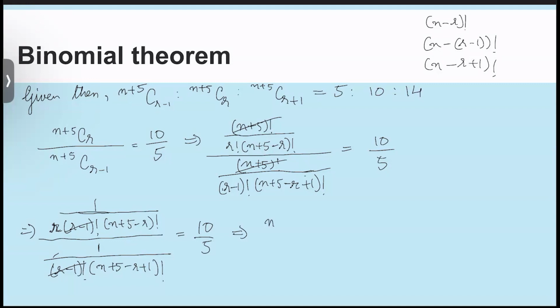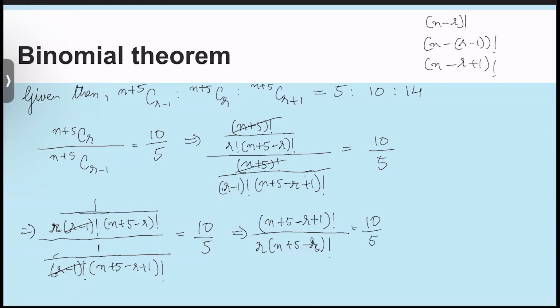So what you finally get is n plus 5 minus r plus 1 factorial divided by r times n plus 5 minus r factorial is equal to 10 by 5.